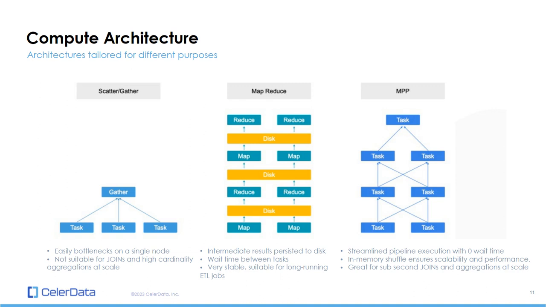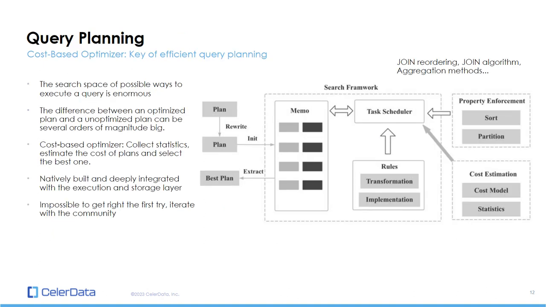So our operators or our nodes can communicate with each other through a shuffle task. And this is the biggest reason why we can enable really high performance, scalable joins on a larger scale, right? And this is a higher level architecture.